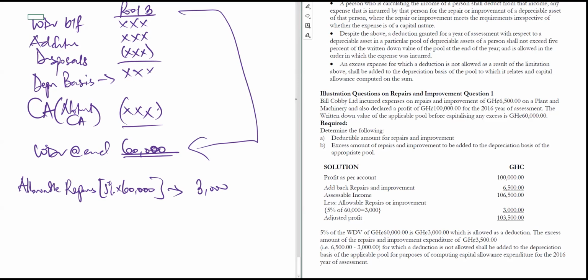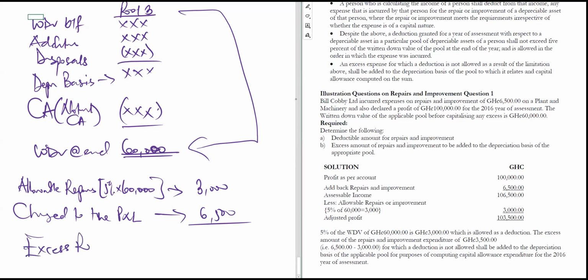Once we get that amount, how much was charged to the P&L, charged to the account? They said 6.5, right? Meaning what's the excess repairs to be added back to the pool, which is of capital nature? That's 3,500, right?